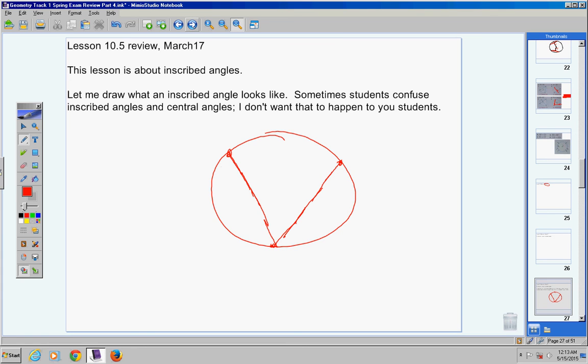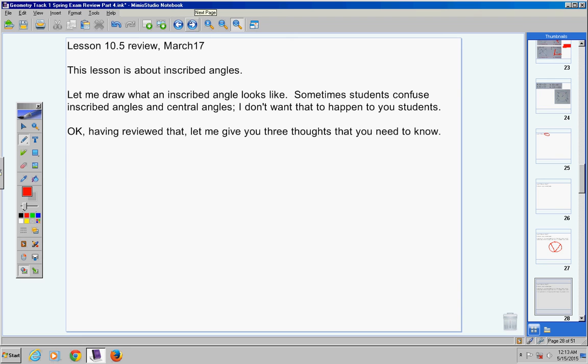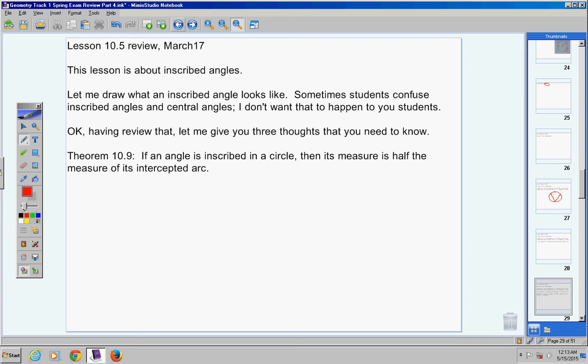All right, moving on. Let me give you 3 thoughts you need to know. Here are the 3 thoughts. If an angle is inscribed in a circle, then its measure is half the measure of its intercepted arc. Let me give that to you in really good words to understand, okay? If you have an inscribed angle, and let's pretend that inscribed angle there is 80 degrees, okay?